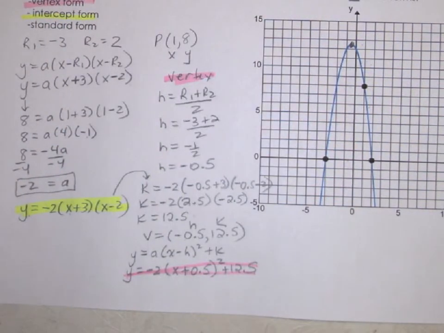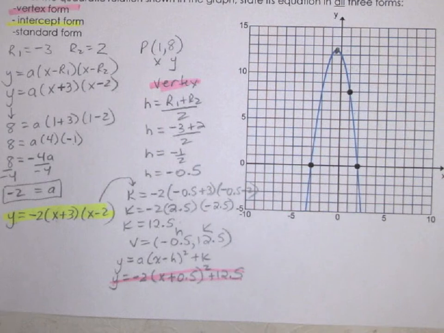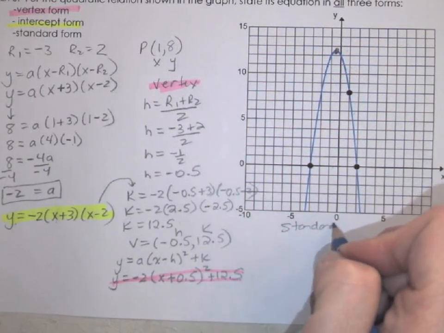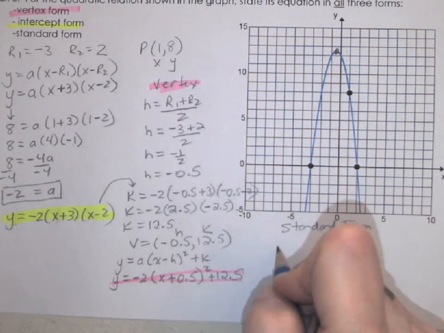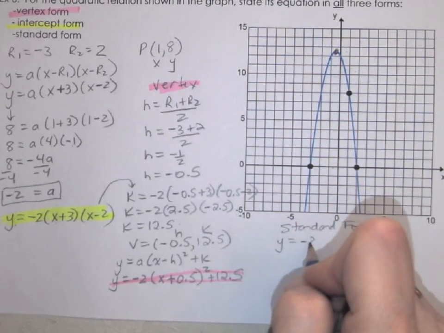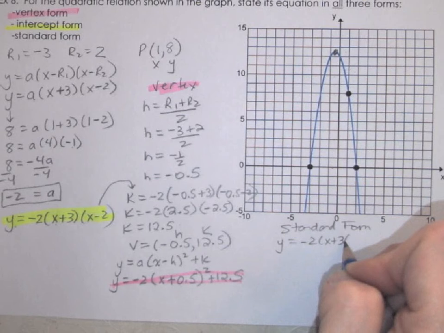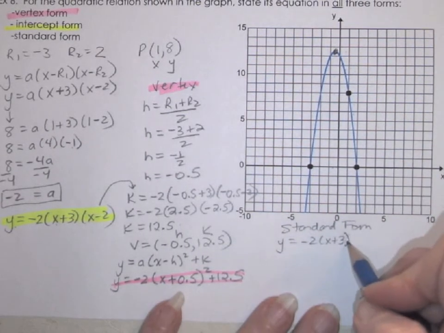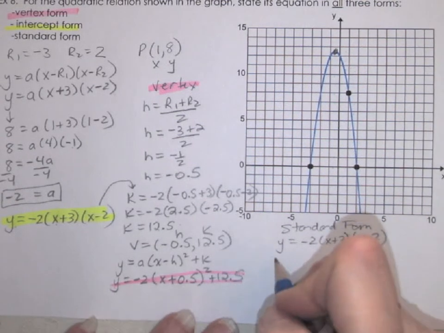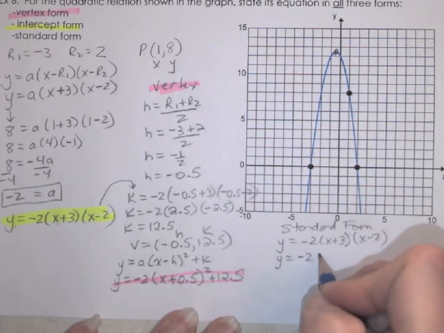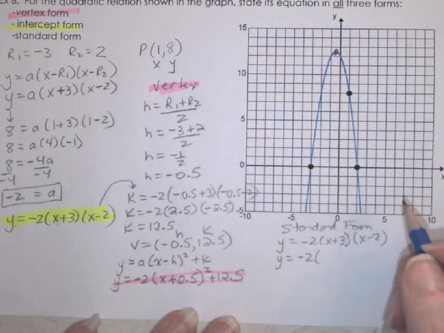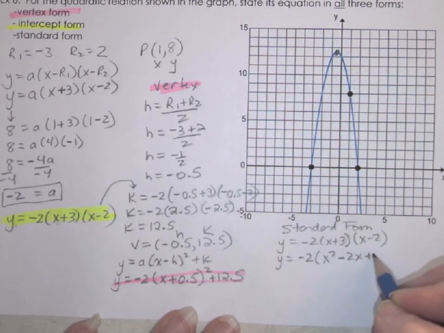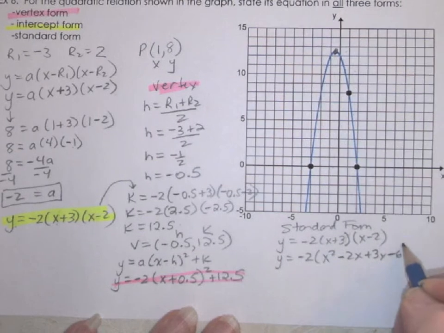And now we need our standard form. So to get the standard form, I'm going to expand the intercept form. So use FOIL. x times x is x squared, minus 2x plus 3x minus 6.